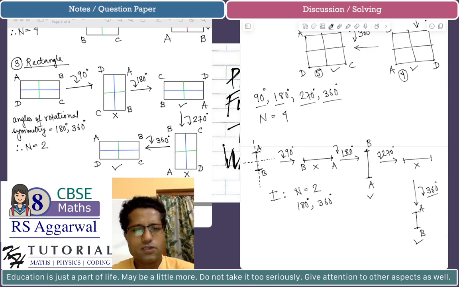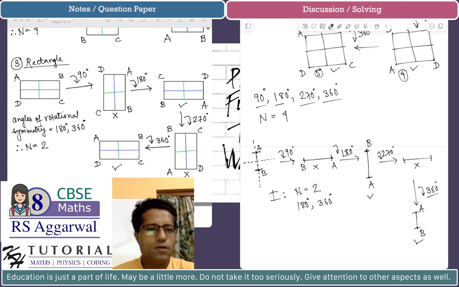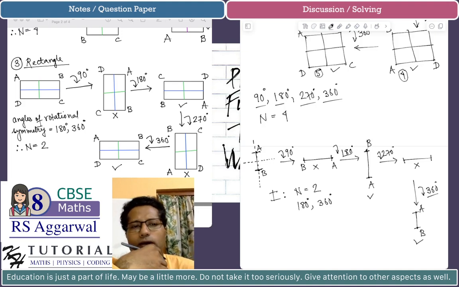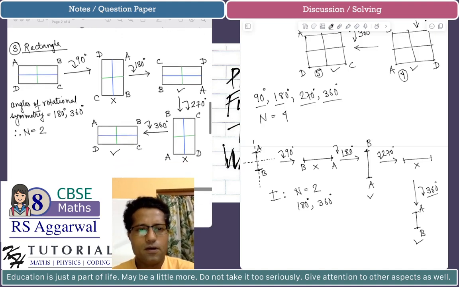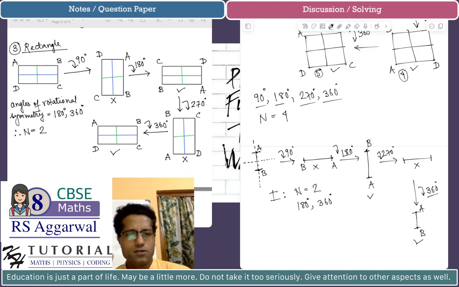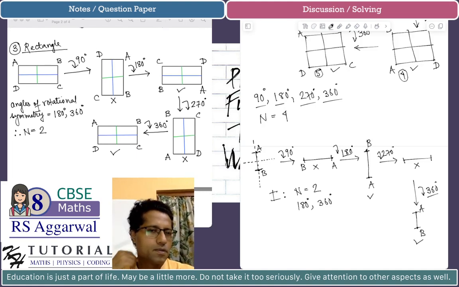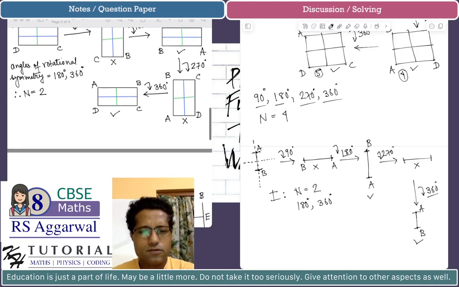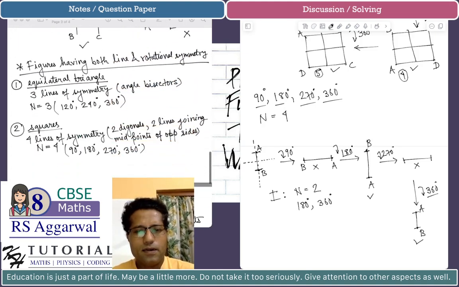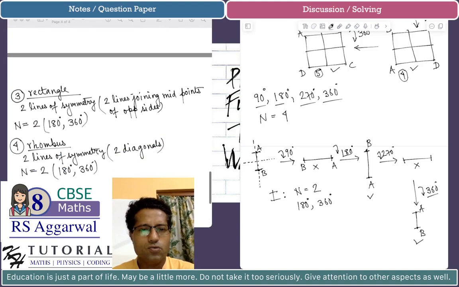So the order of rotational symmetry of a rectangle is 2. And also we know that the rectangle has two lines of symmetry, which, as you can see, are highlighted with green and blue color. They are the lines joining the midpoints of the opposite sides. So a rectangle has two lines of symmetry, and its order of rotational symmetry is 2.